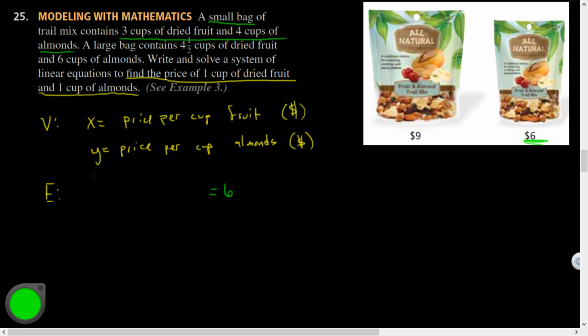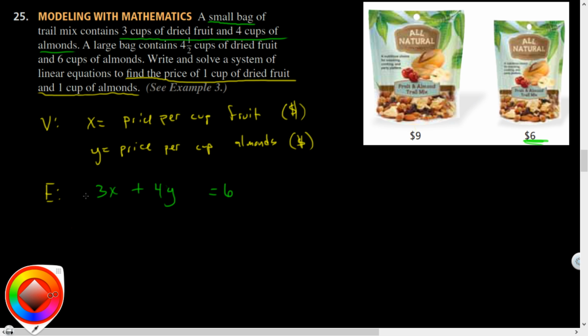Well, that would be the number of cups of dried fruit multiplied by the price per cup, so 3 times x, and this would represent how much money I spent specifically on the cups of dried fruit in the small bag. And I'd add to that 4 cups of almonds multiplied by the price per cup of almonds, and so that's going to be y. And so this represents how much I spent on almonds in this entire bag. If I add those two quantities of price up, that would equal a total of $6.